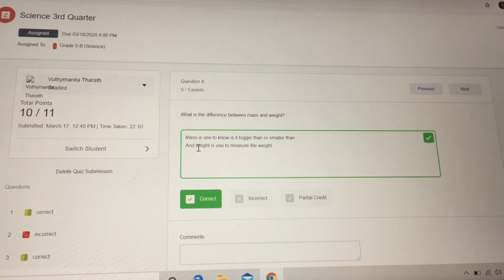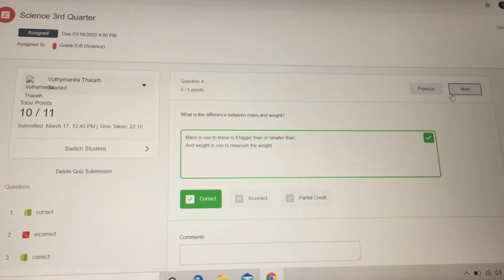Just for example, a plastic bottle and a pillow, which has a greater mass? Of course, the pillow, because it's bigger than the plastic bottle, and the plastic bottle is lighter than the pillow. And of course, weight is affected by gravity. Don't be confused: mass doesn't depend on gravity, and weight does.